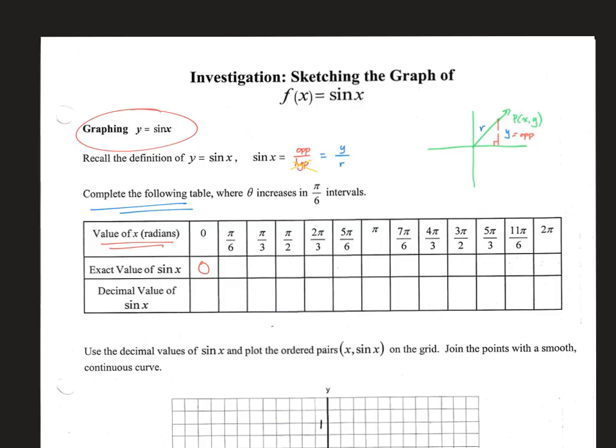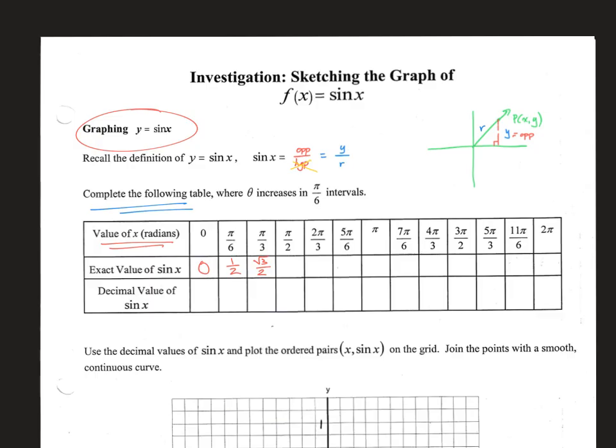If you were then to calculate what the sine of pi by 6 is, I'm hoping we're good for that value to be a half. And if you had to calculate the sine of pi by 3, then we should have an exact value of root 3 over 2, and so on and so on.